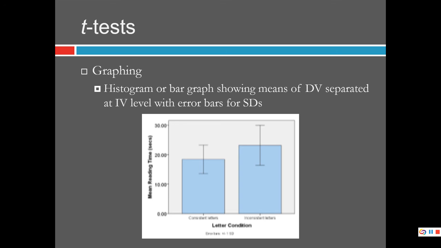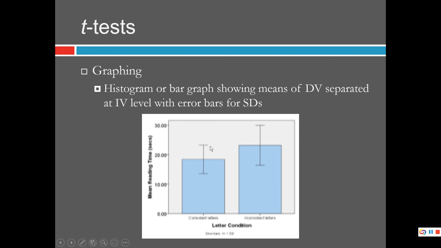Not just for chi-squares do we want to visually represent things, it's also important to show these for the different groups we're comparing in t-tests and ANOVAs. For a t-test, you want to do this with a histogram or bar chart to show these differences. You always want to have your groups on the x-axis, the bottom horizontal one, and your dependent variable on your y-axis, so higher scores are higher up on the y-axis.